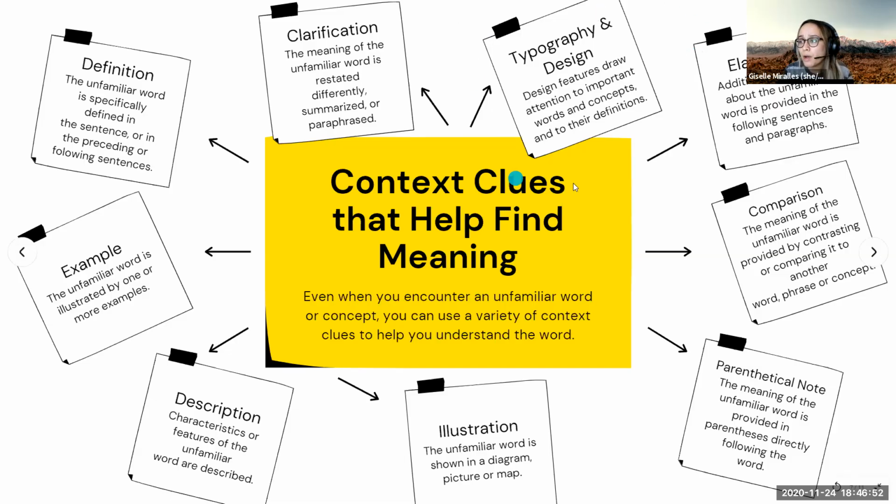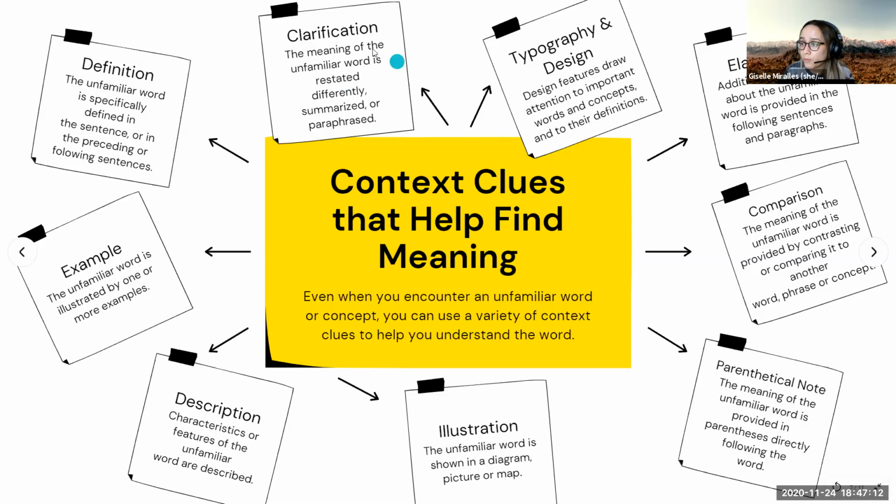There's also typography in design, which is design features that draw attention to important words and concepts and to their definitions. So these are things like bold and italics in texts that draw your attention to the word. You can also see that sort of context clue in my design, right?